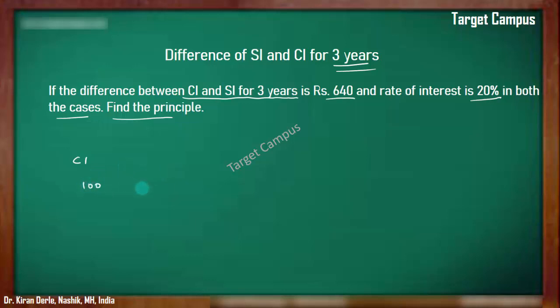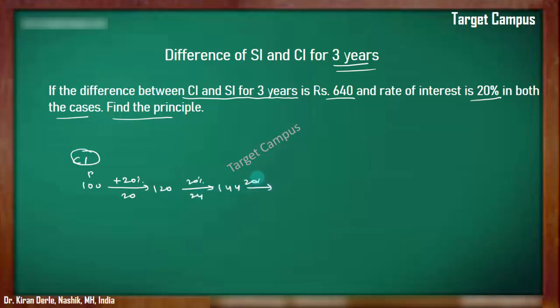So let's take the principal as 100. For 3 years, what will be the interest value? 20% of 100 is 20 rupees, so this becomes 120. Again 20% on this value, because we are calculating compound interest. So 20% on this is 24, and this becomes 144.